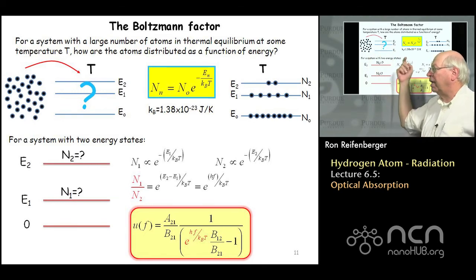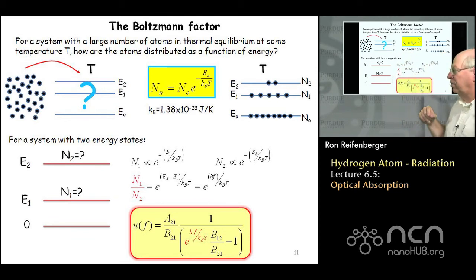What Boltzmann was able to show is that the number of atoms in energy level E sub n is equal to the number of atoms in the ground state energy level times this exponential, e to the minus E sub n over k Boltzmann T, where k Boltzmann is this constant that comes out of the ideal gas equation, actually.